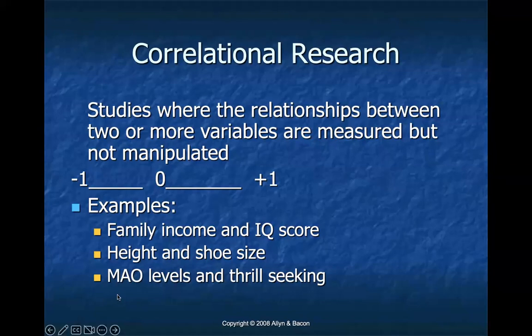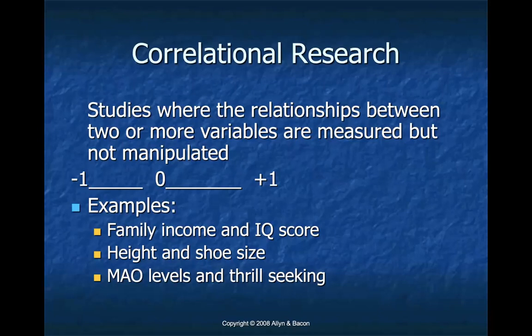MAO is monoamine oxidase. I'll talk about that later in the course. Monoamine oxidase is an enzyme in your brain that has been correlated with thrill-seeking behavior. So if you have low MAO levels, you tend to do things that are more risk-taking, like skydiving, speeding 90 miles an hour in a 25-mile zone, jumping off of cliffs.